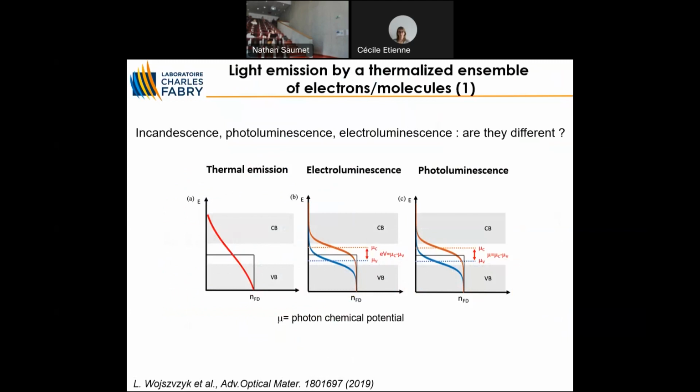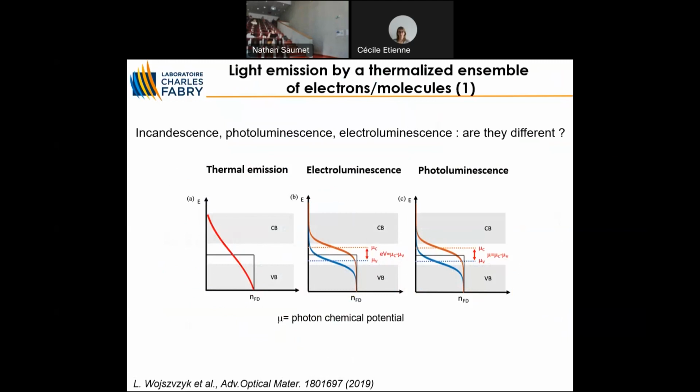And the point I want to make here is that there is no fundamental difference between thermal emission, electroluminescence, and photoluminescence. In terms of emission of light, all of them are electron-hole recombination. So that's exactly the same mechanism.